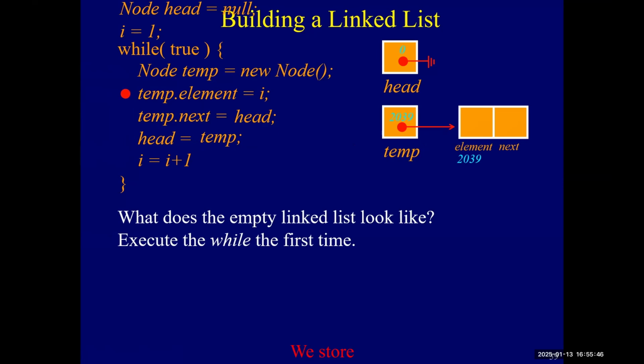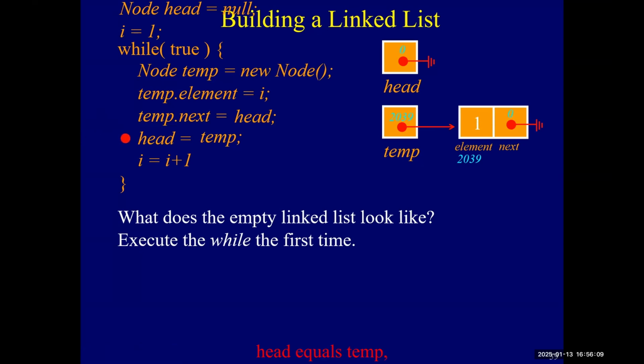We store 1 there. Temp.next is going to point where? It's going to point where 0 is pointing. Where's 0 pointing? Pointing at null. So this is going to point at null, right?